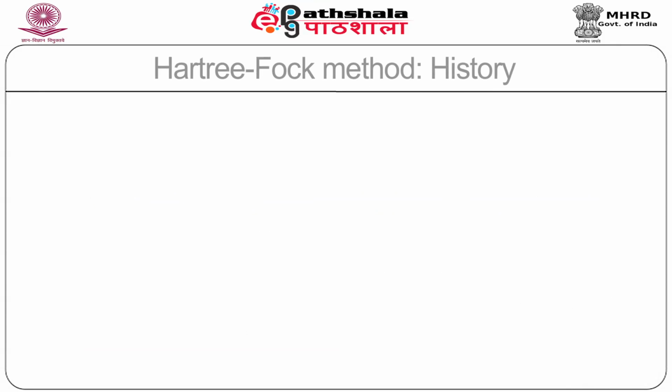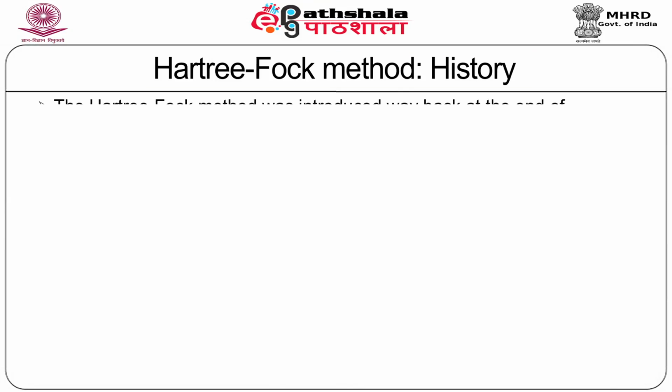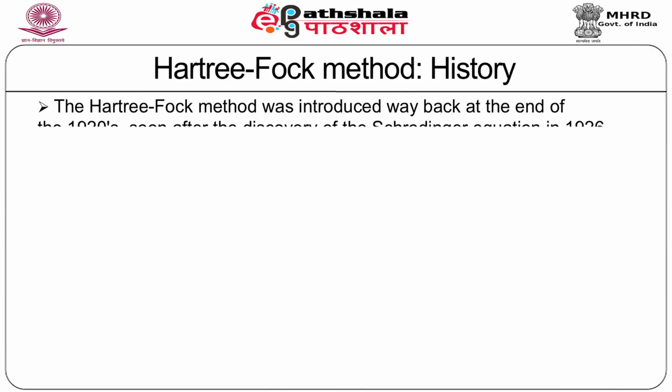Let us now start with the history of the Hartree-Fock method, which was mentioned briefly in the introduction. The Hartree-Fock method was introduced way back at the end of 1920s, soon after the discovery of the Schrödinger equation in 1926.